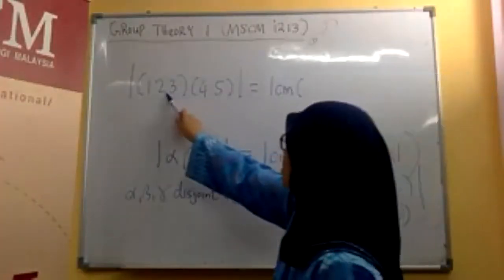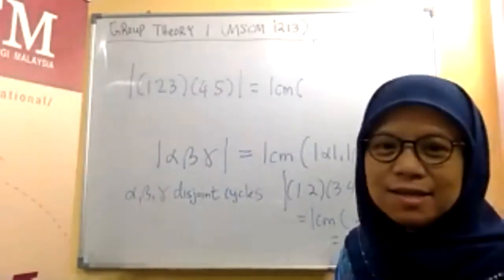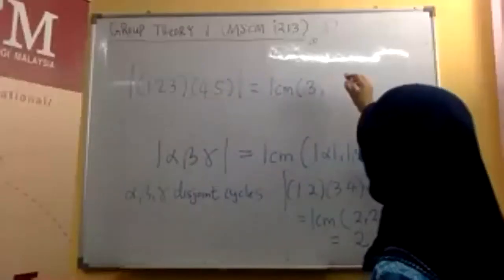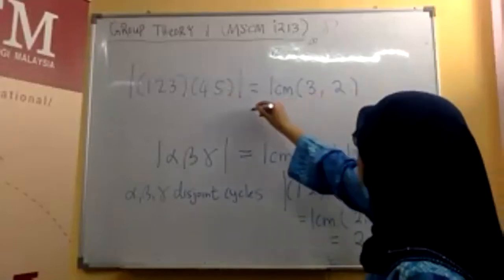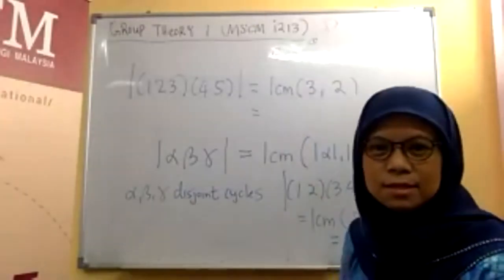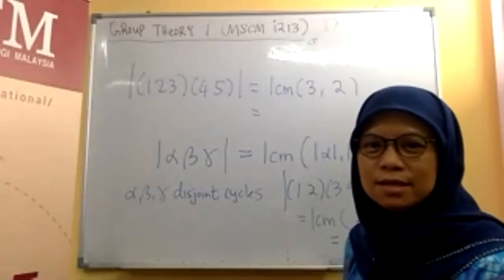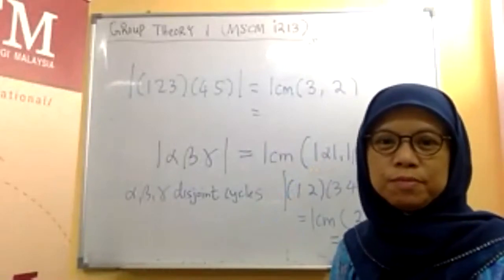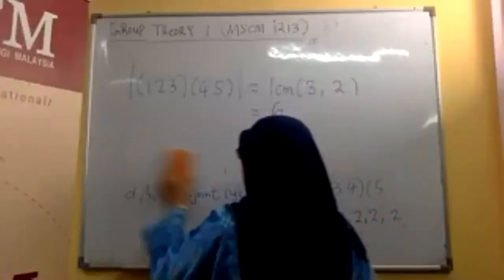What is the order of this? 3. And this? 2. And the answer is? The lowest common multiple of 3 and 2. 6. I think.